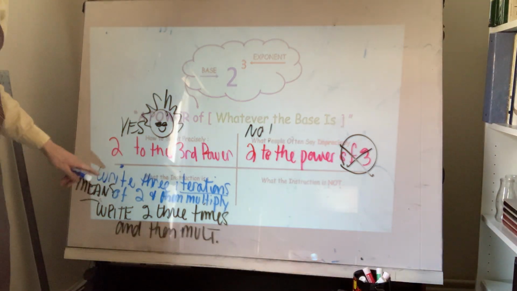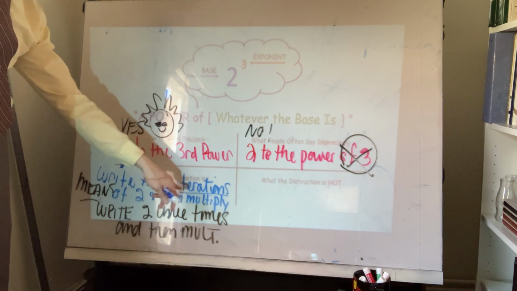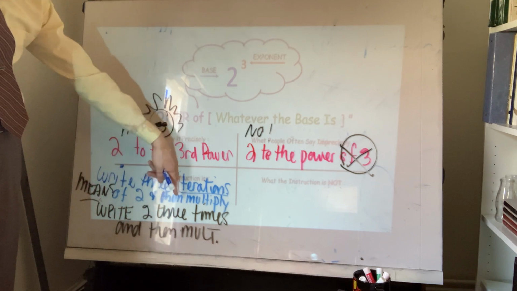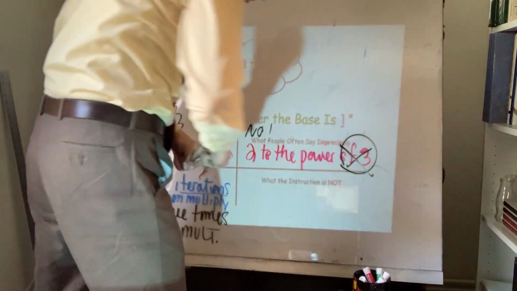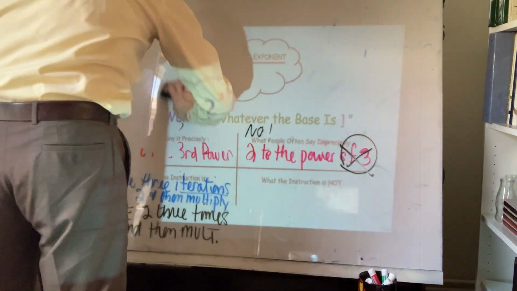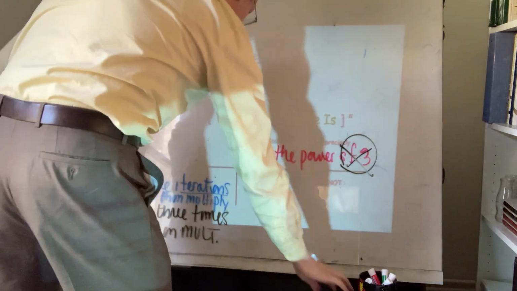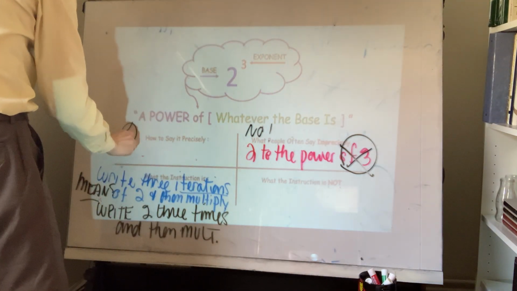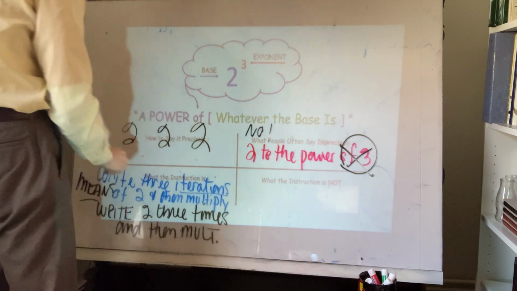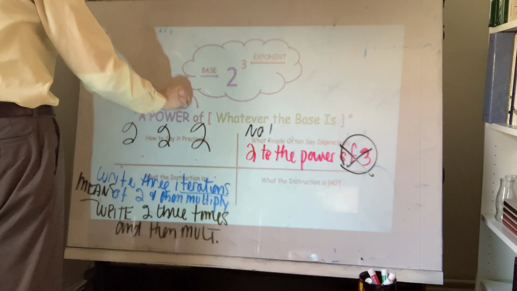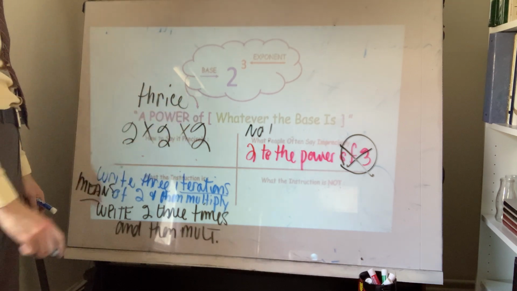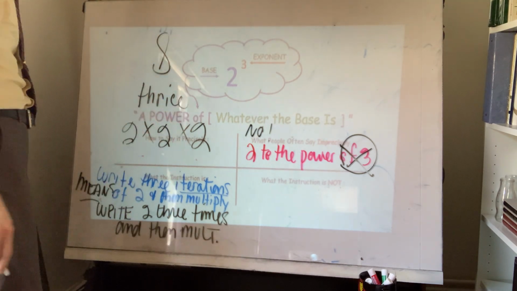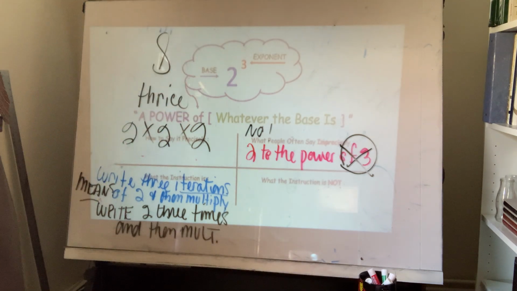Writing 3 iterations of 2 and then multiplying is literally writing 2 3 times and then multiplying. It means literally doing this. Writing the number 2 thrice, and then multiplying. What is 2 times 2 times 2? 8 is the actual simplified equivalent of this.